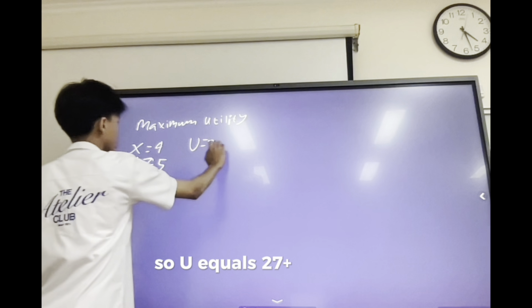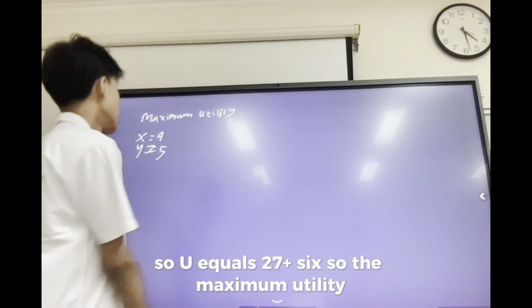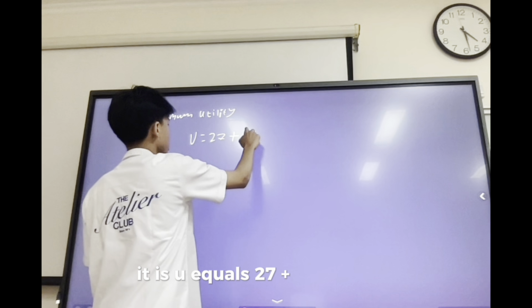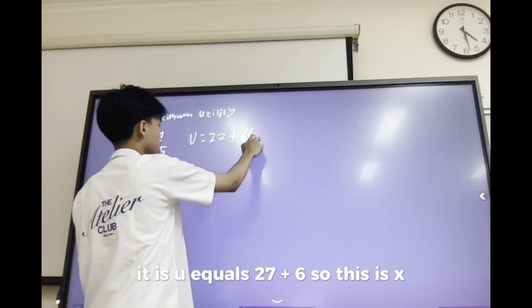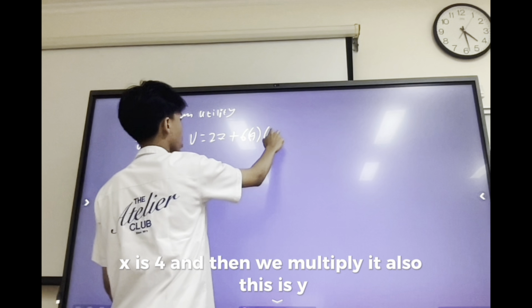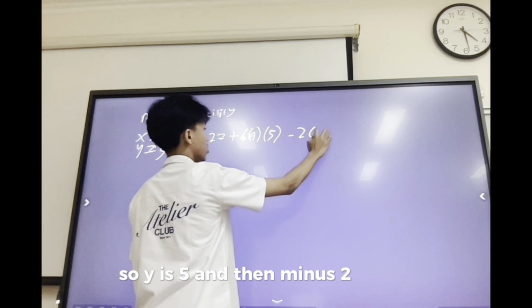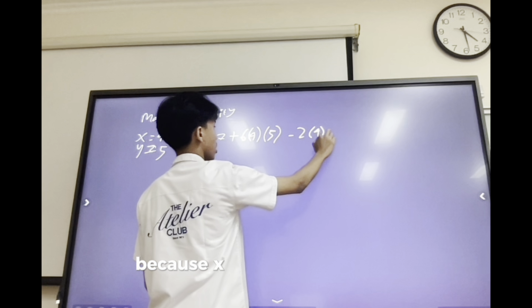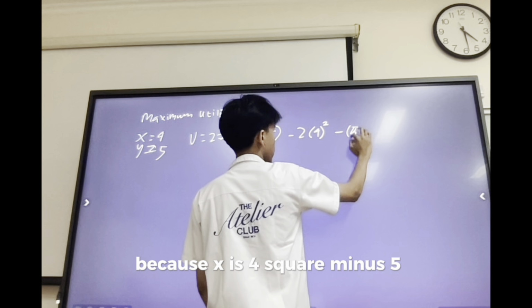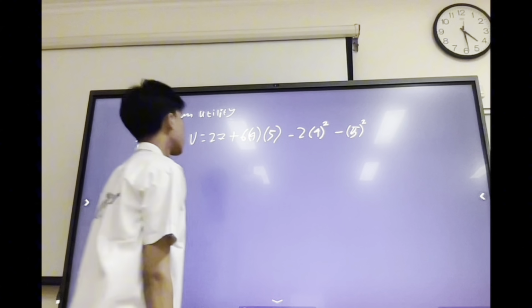So the maximum utility is u equals 27 plus 6 times x, which is 4, and then we multiply it by y, which is 5, and then minus 2 times 4 squared, minus 5 squared, because this is y.